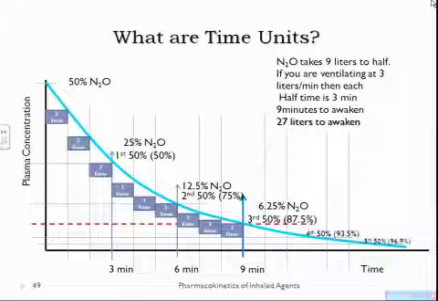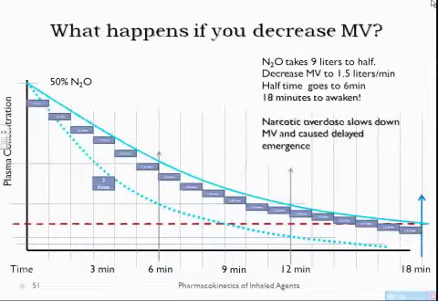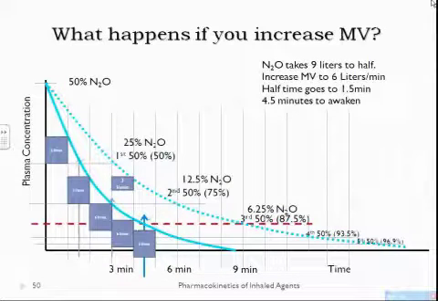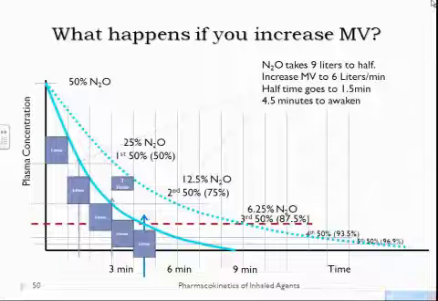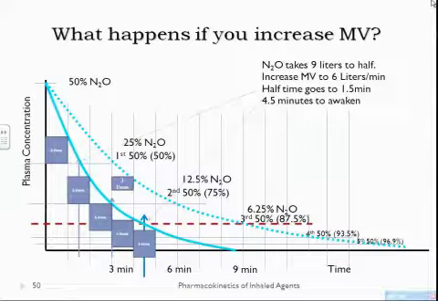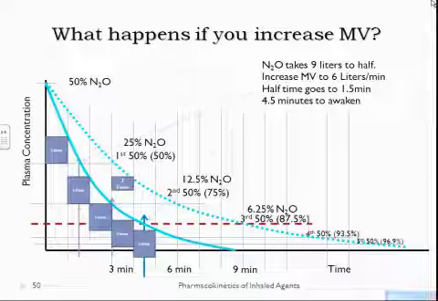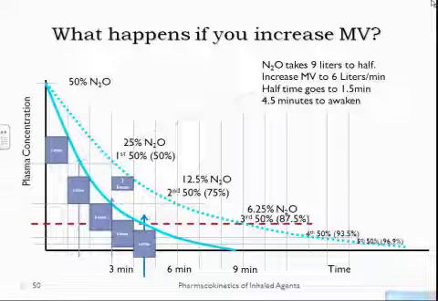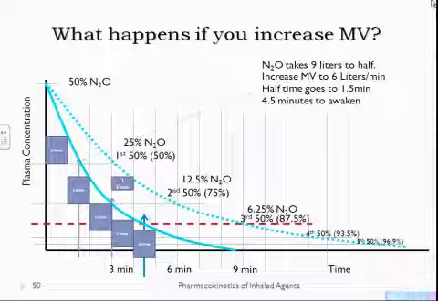Let me tell you how useful this is. If this person is breathing double the speed, instead of 3 liters per minute, let's say we didn't give them narcotics, and we let them breathe with lots of pain.